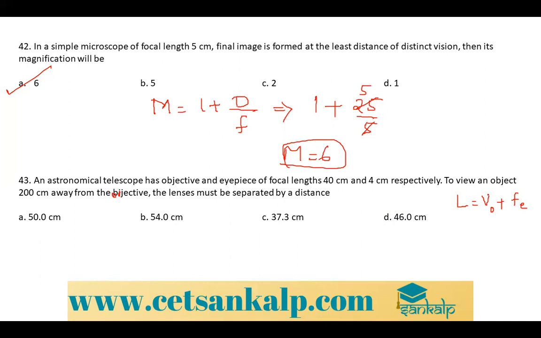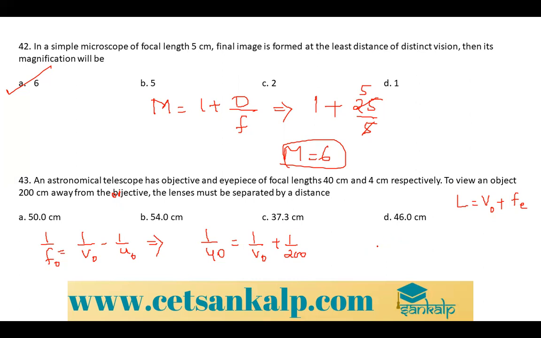FE is given, but FO has to be found. So 1/FO is equal to 1/VO minus 1/UO. So 1/40 is equal to 1/VO minus of minus, that is plus 100.